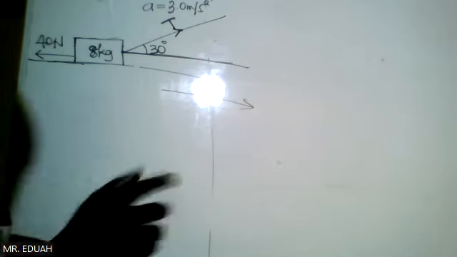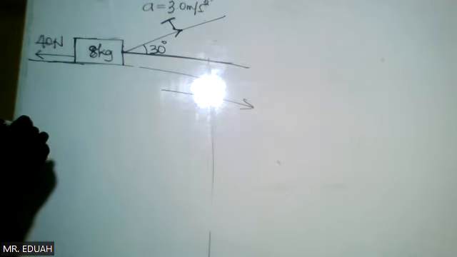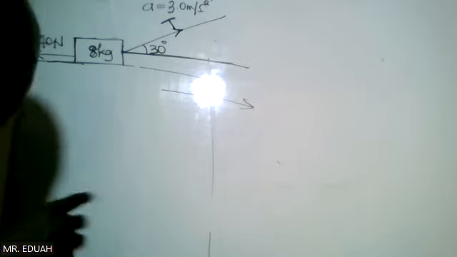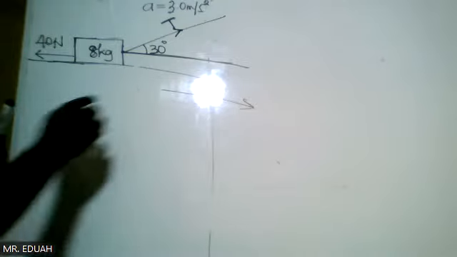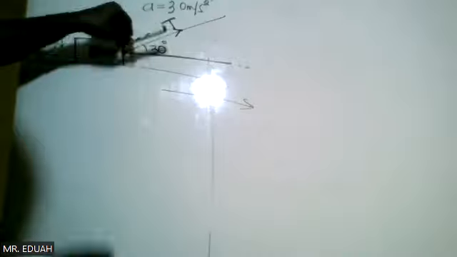Okay. Key note. The body is not moving at constant velocity, but the body accelerates. Once it accelerates, then there must be a resultant force or a net force, Newton's second law. So even though this is being pulled in this direction, yet the body moves horizontally.